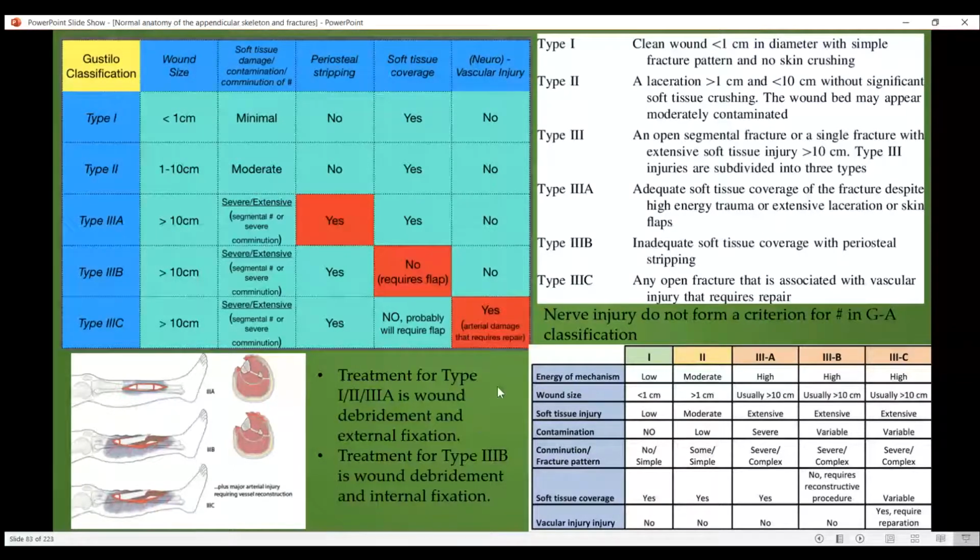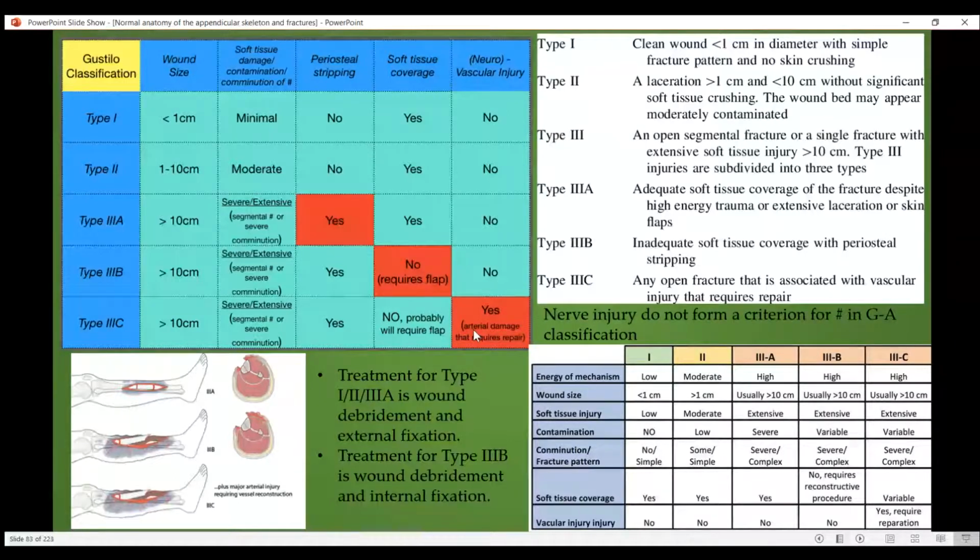So there will be arterial damage, which requires a repair. That is the main thing you have to remember about this classification: one, its importance; the other, the length of the wounds; and the third, which one has the arterial damage. It is type 3C which has the arterial damage.